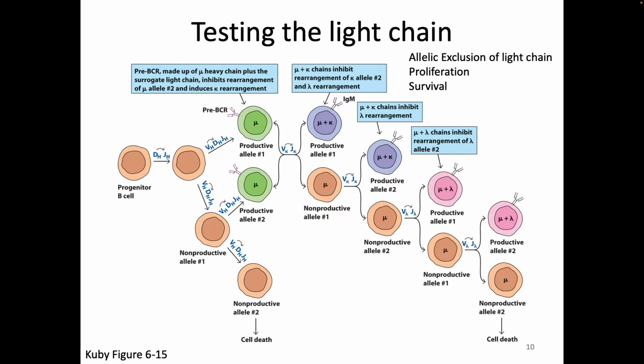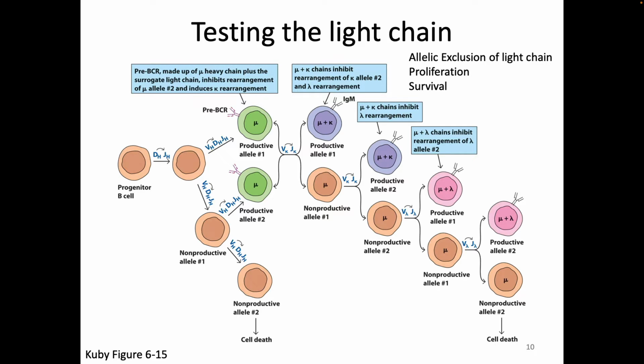And so here is that same version of that B cell trying again. So first it does D to J of the heavy chain. It tries 1 V to DJ. Maybe it works, so it gets to go on. Maybe it fails.